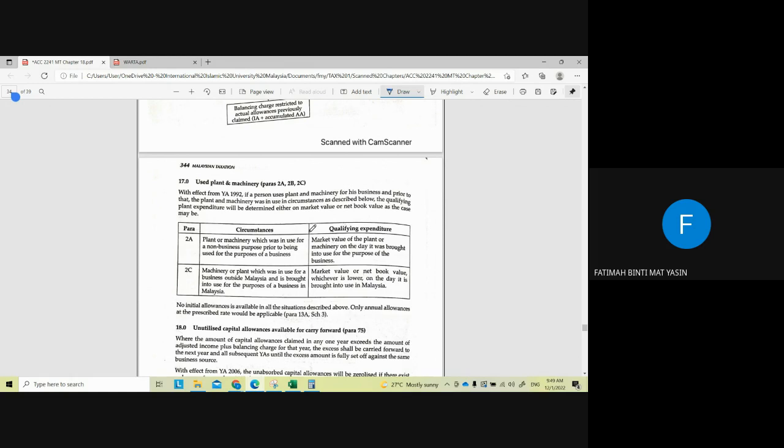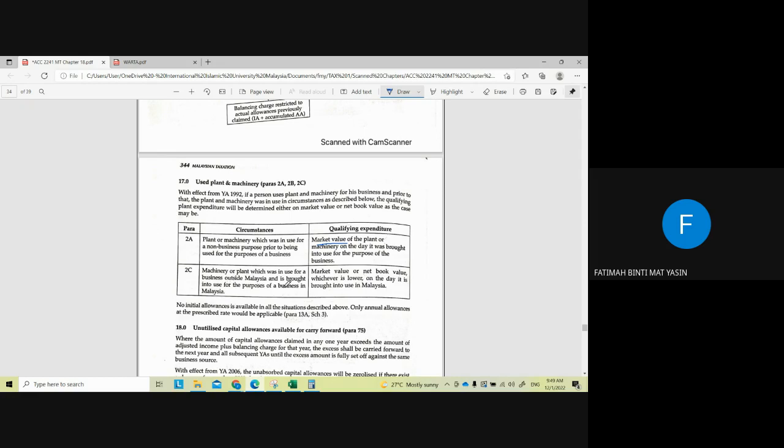Okay, and then for this one, you can look at how you determine the QPE. Okay, so for the plant or machinery which was in use for a non-business purpose prior to being used for the purposes of business, you must take the market value as the qualifying plant expenditure when the company uses that for the business.